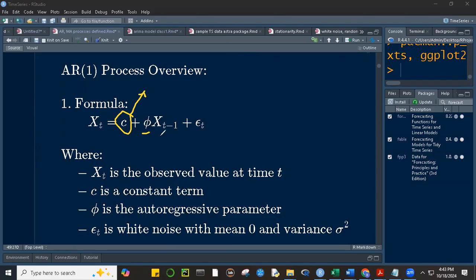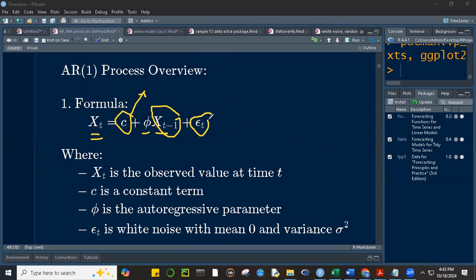In regression class, this is like the slope. Actually, this is just like a simple linear regression where you're using the lag 1 in order to model and predict your time series x sub t.